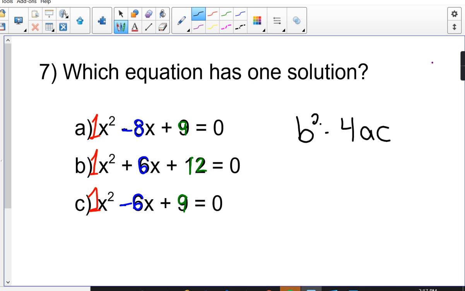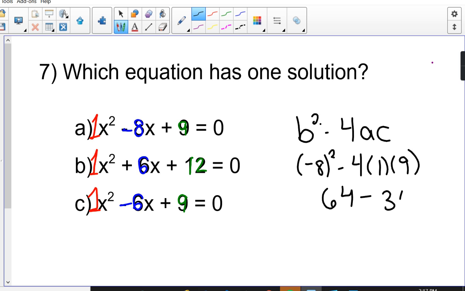Okay, so let's figure out the discriminant for choice A. For choice A, b squared, that would be -8 squared minus 4, where a is 1 and c is 9. So you have -8 squared, which is 64, minus 4 times 1 times 9. 4 times 1 is 4. 4 times 9 is 36.